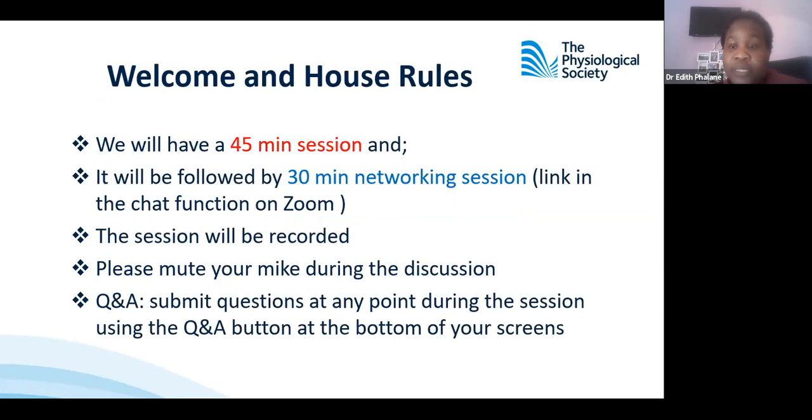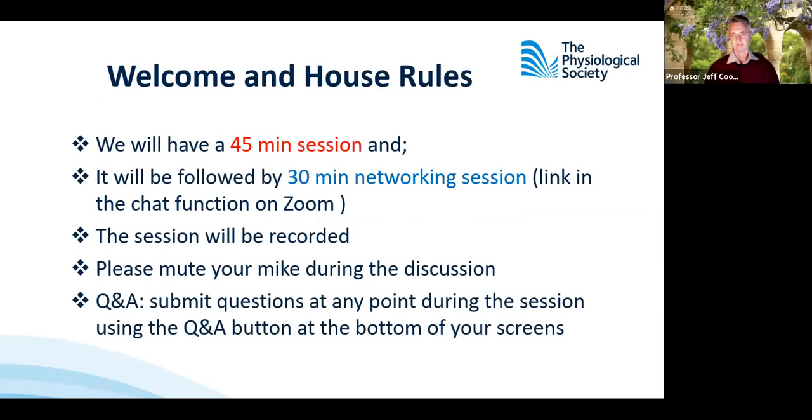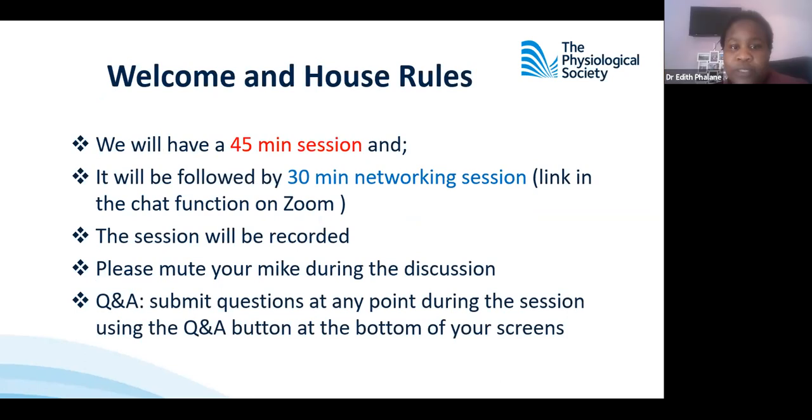The first one will be the seminar session, which will go for about 45 minutes, and it will be divided into four sections: I'll do the introduction, which will be followed by the discussion of the article by one of the co-authors, then a discussion of what makes a winning article from an editorial perspective, and also Q&A.